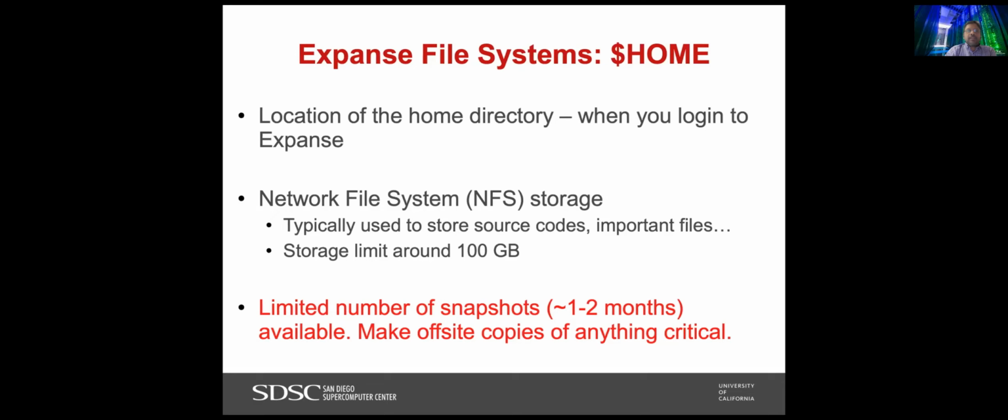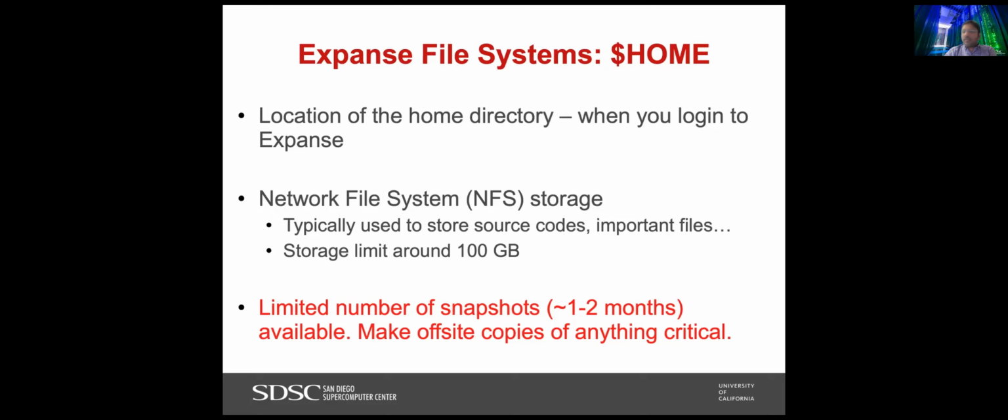This is typically meant for storing source code, some important files, maybe some small input files, but it's limited in size. So we have a storage quota of 100 gigabytes on the home directory. The thing to keep in mind is we don't have backups as such. This is more of snapshots for a few months, so 1 or 2 months typically.